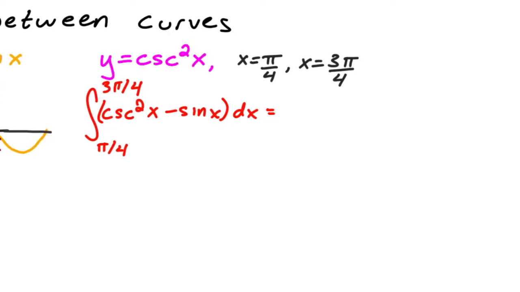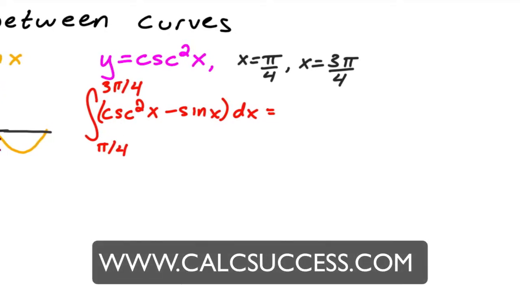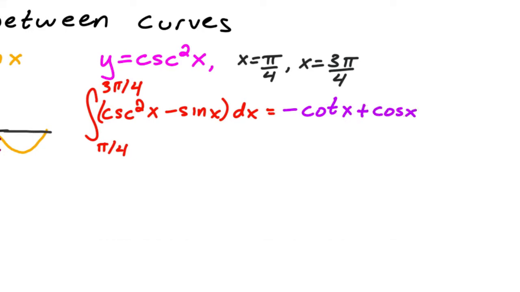The antiderivative of cosecant squared is negative cotangent of x, and the antiderivative of negative sine x is going to be plus cosine of x. And this is going to be evaluated from pi over 4 to 3 pi over 4.